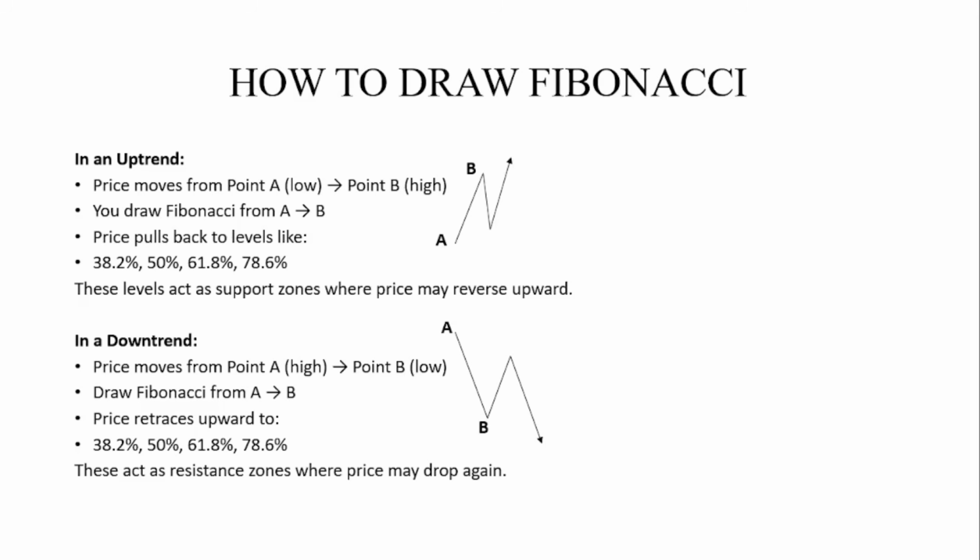Remember, in our definition, we say it is used to mark support and resistance, and in an uptrend, this is a support, right? Now, price will pull back into the 38.2%, 50, 61, and 78.6%. In this video, I'm also going to tell you the particular level that I prefer when it comes to the Fibonacci retracement tool, and it is no other than the 78.6.